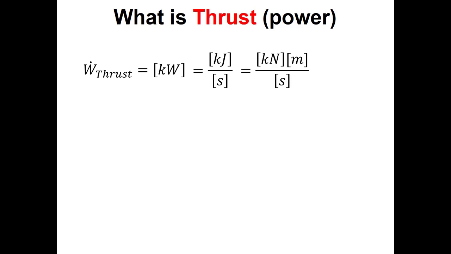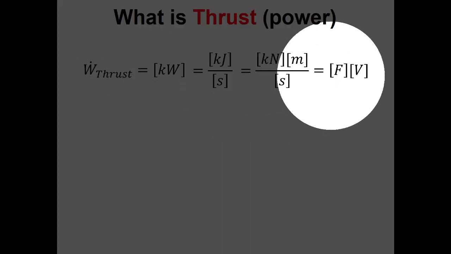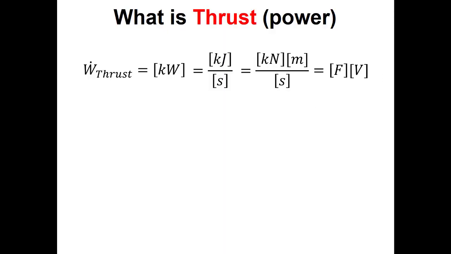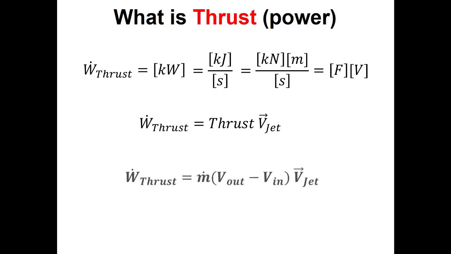So I need to multiply that by something that has units of meters per second. What has units of meters per second? Velocity or speed. So I can take my thrust force and multiply it by the velocity of the jet, and I can get a thrust power. So my thrust power is going to be my thrust force multiplied by the velocity of the jet, or m dot times v out minus v in, multiplied by the velocity of the jet.